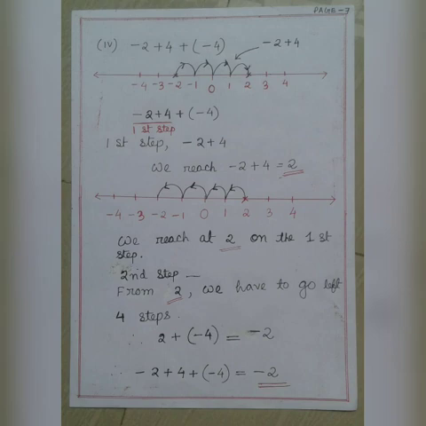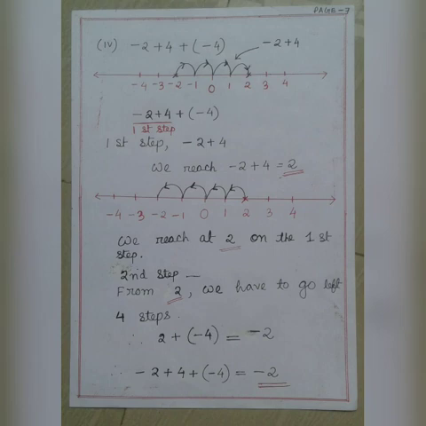From minus 2, I have to move to the right side because it is plus 4. So from minus 2, if I move to the right side 4 steps, I reach at integer 2. So the result of the first step is 2.